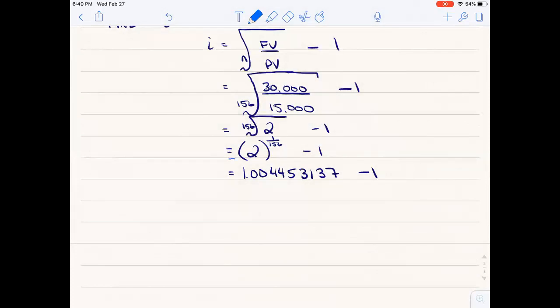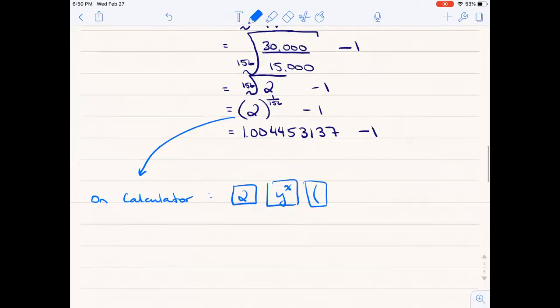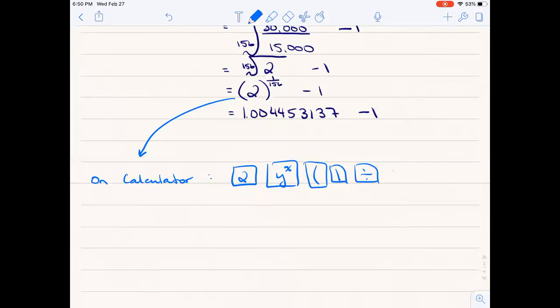I'll show to the side here on calculator, just because maybe we're not all familiar with it. You're going to hit the 2 button and then the y to the x button. And then I throw in the bracket button, 1 divided by, I'm cheating and doing 156 as one button. I think we all get it.